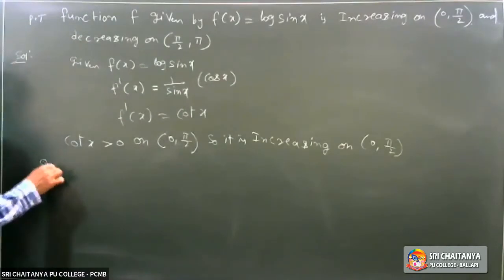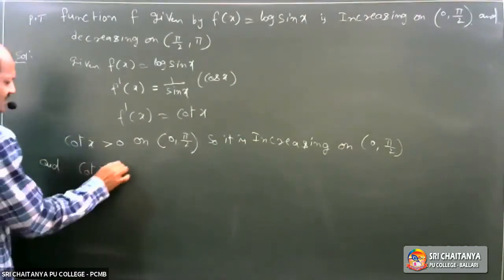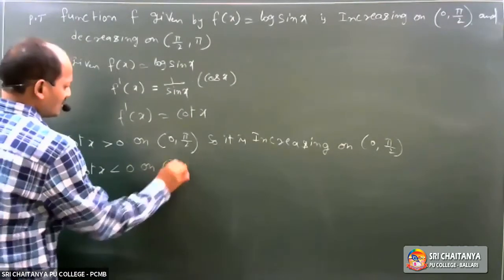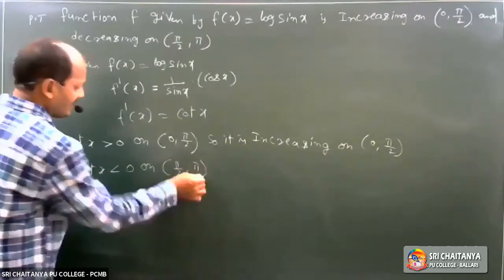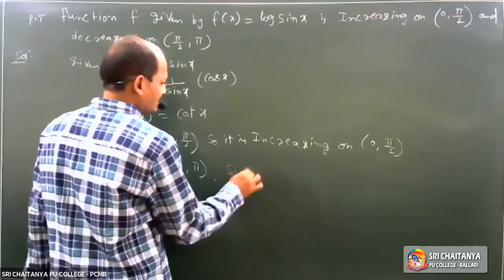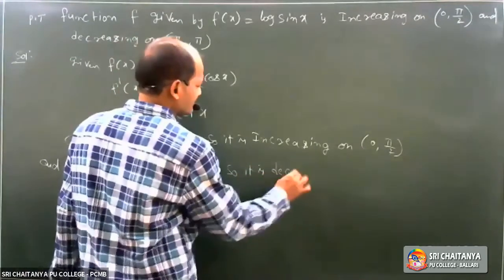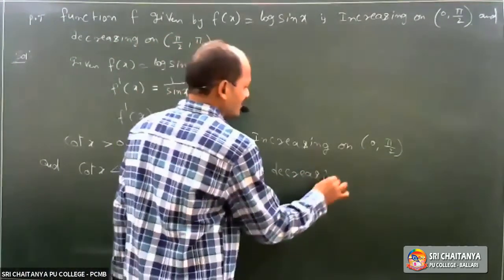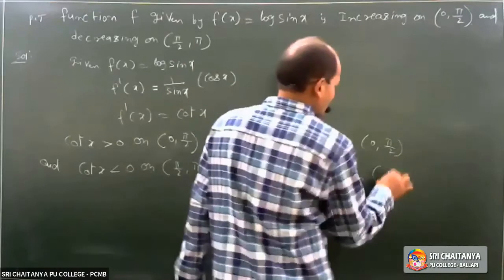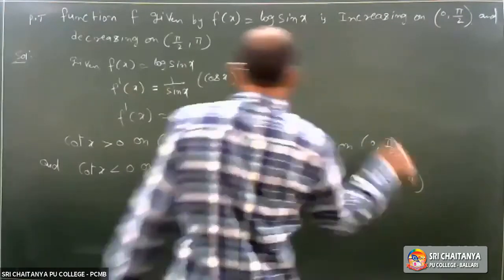And cot x is less than 0 on pi by 2 to pi, so it is decreasing on pi by 2 to pi.